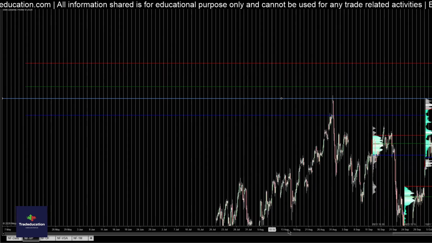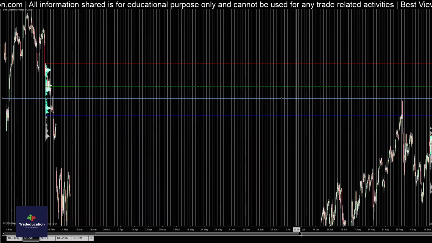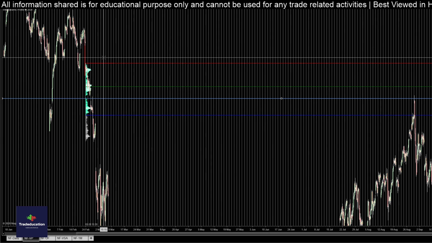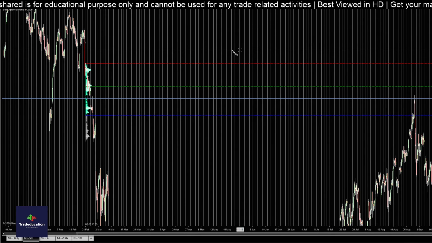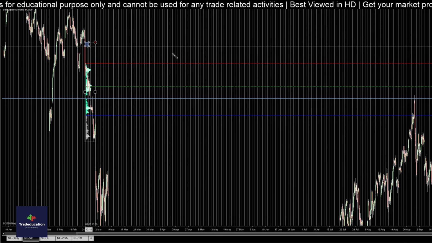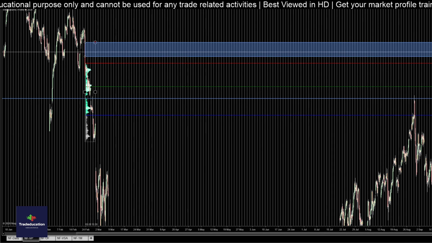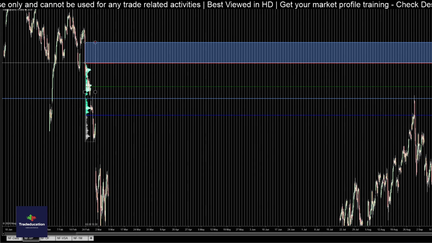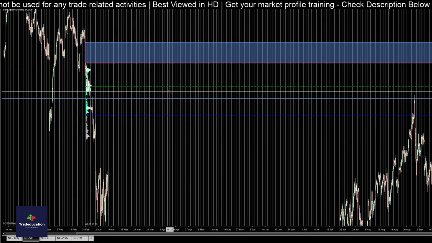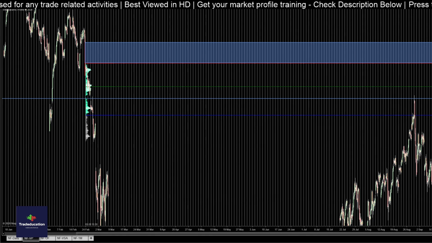Second thing is, let me just draw the gap. So we got one gap here, and this was the second gap which is already filled.